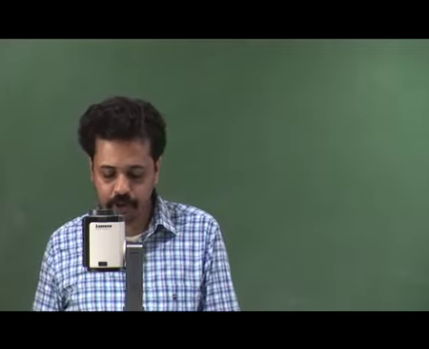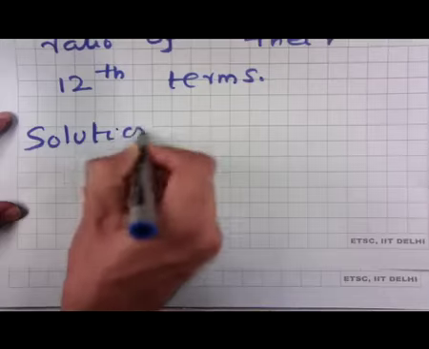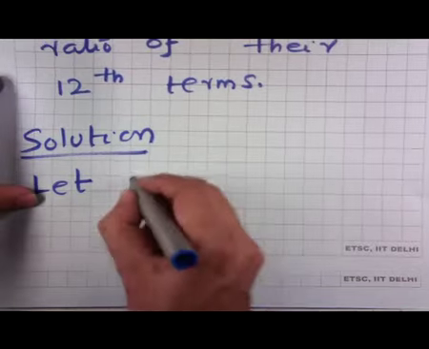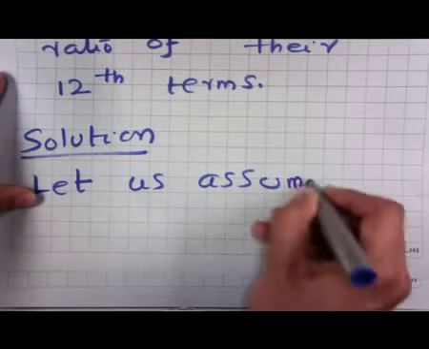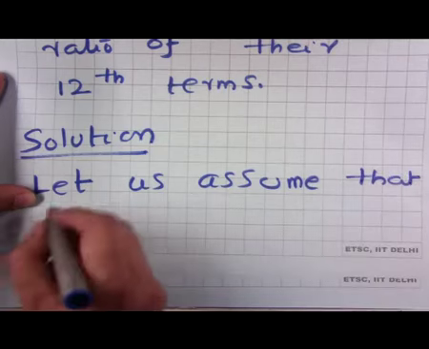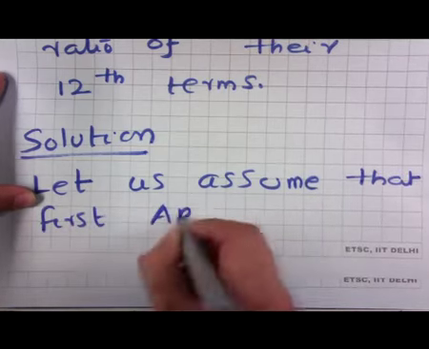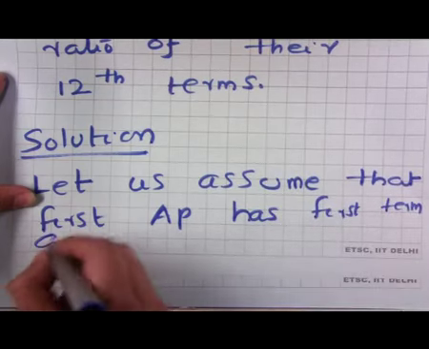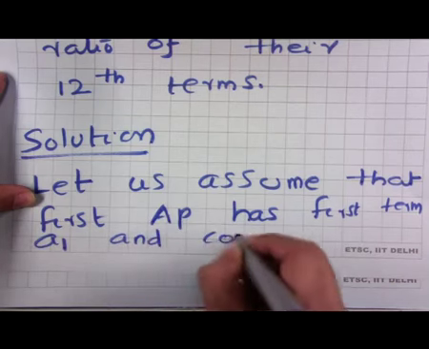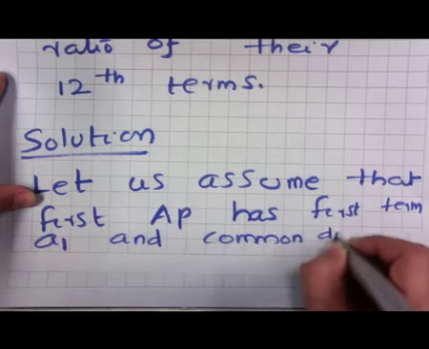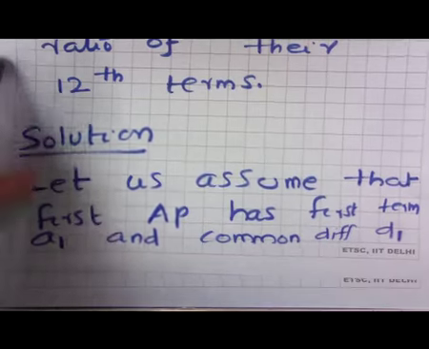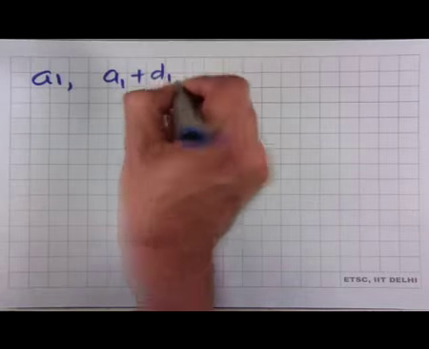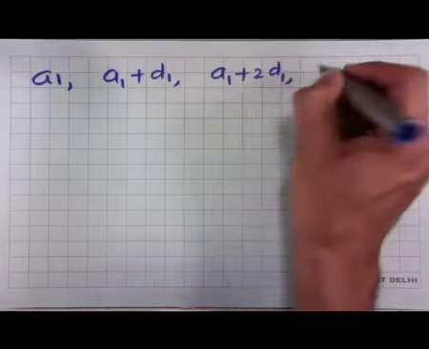Since we have to deal with 2 APs here, let us assume that the first AP, arithmetic progression, has first term A1 and common difference D1. Then the AP will be A1, A1 plus D1, A1 plus 2D1, and so on.